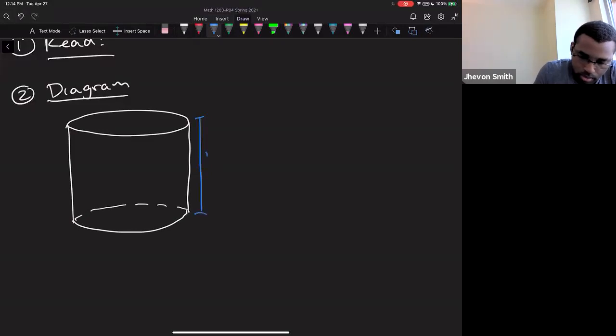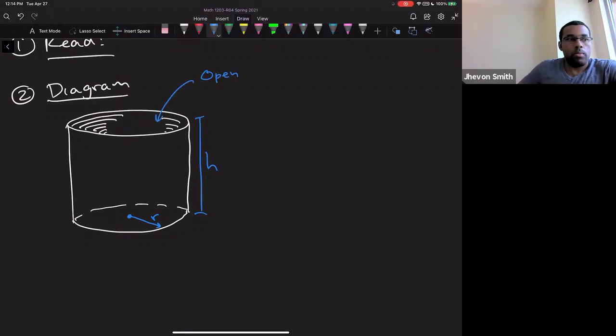And it'll have a radius, of course. And it's open.